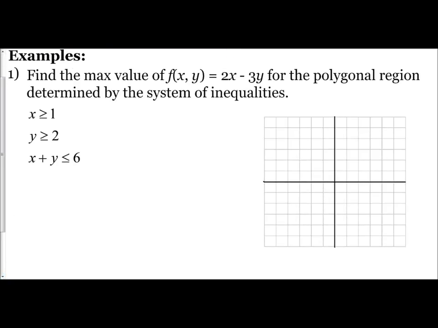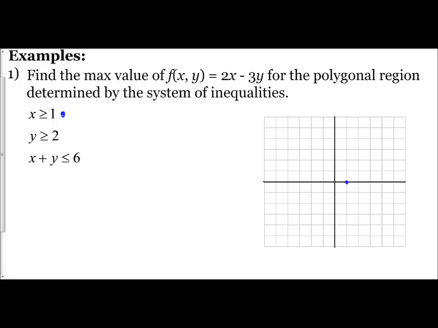I'm going to use blue for my first inequality, x greater than or equal to 1. That is a vertical line that goes through 1 on the x-axis, and it's a solid one.